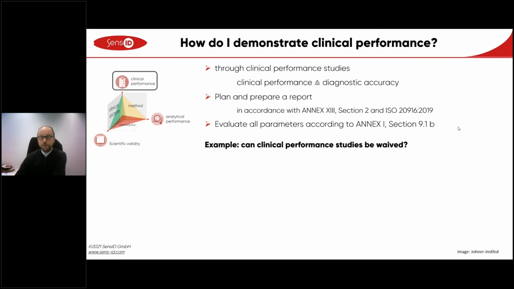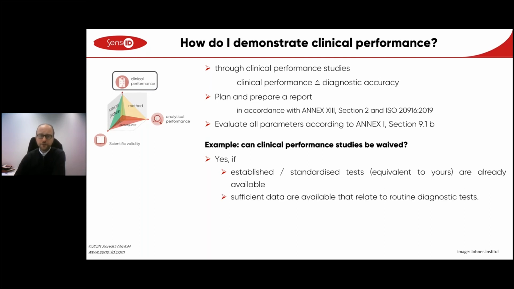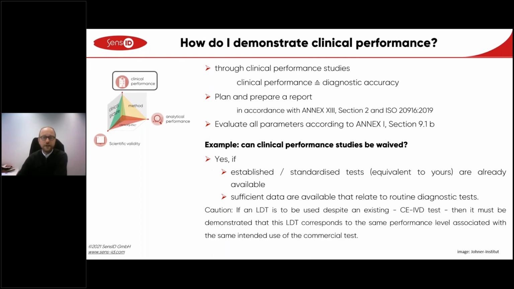And as an example question: could clinical performance studies also be waived, which would be good? The simple answer here is yes, but only if established and standardized tests that are equivalent to yours are already available, and sufficient data is available that relate to routine diagnostic tests.